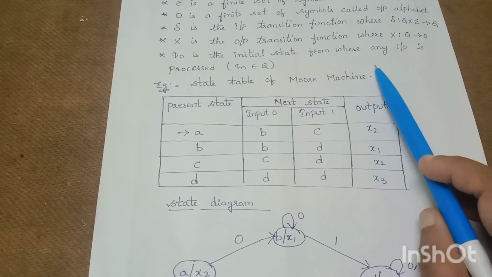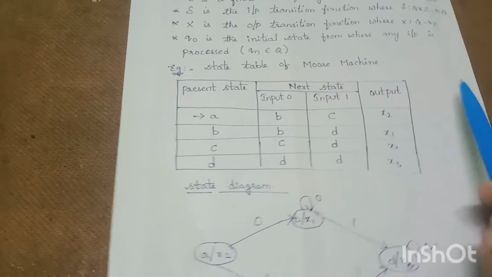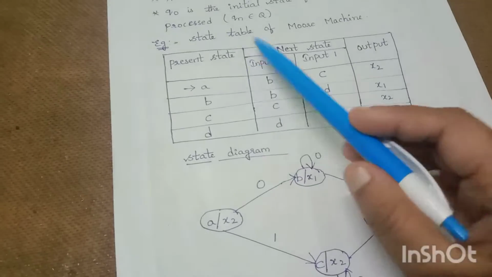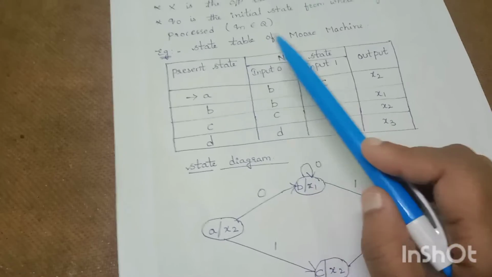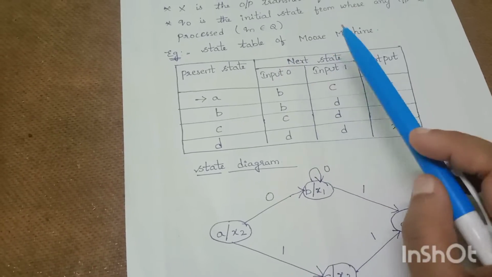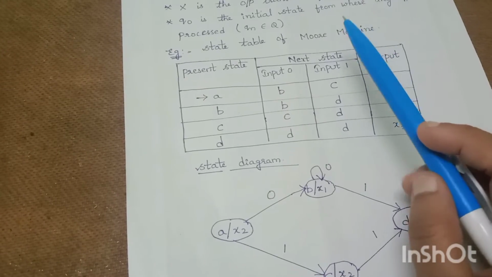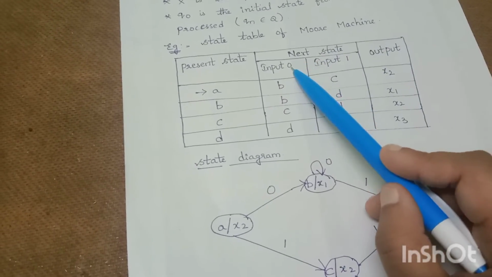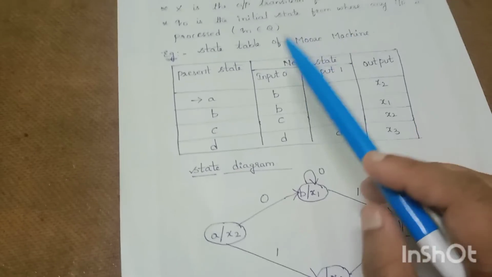Let's take an example. This is the state table of a Moore machine. In this we consider the present state, next state and output. In the next state we take two inputs, input 0 and input 1.